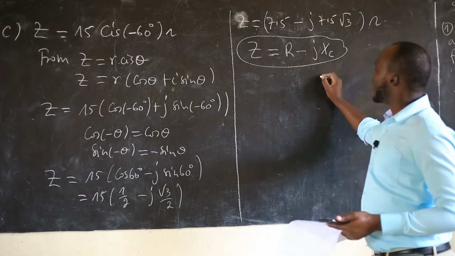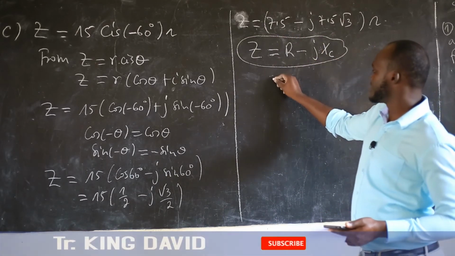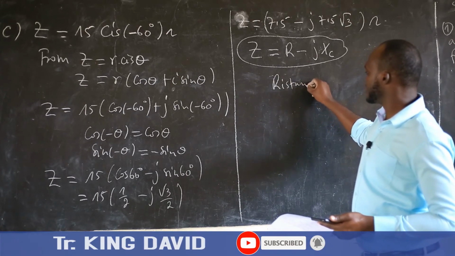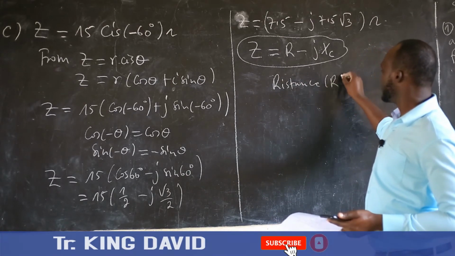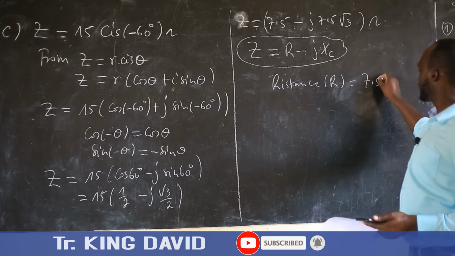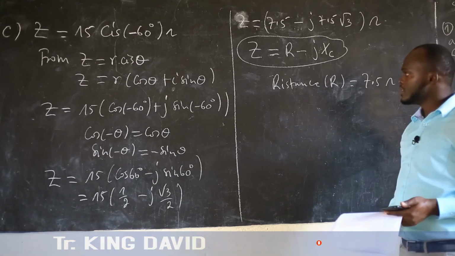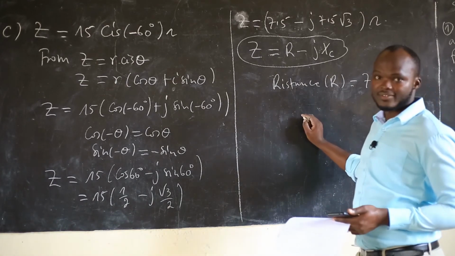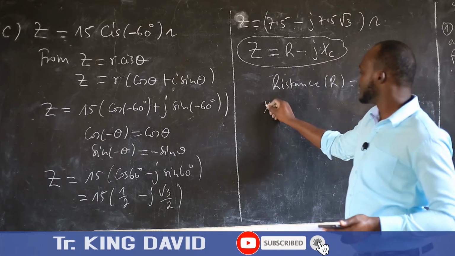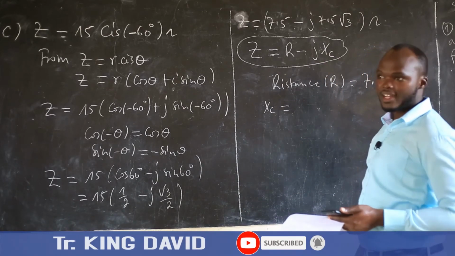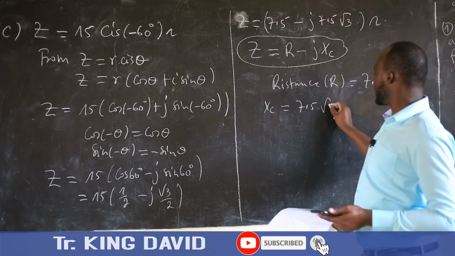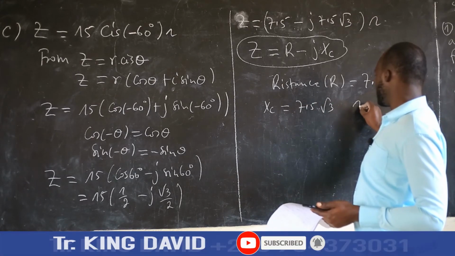So for this, our resistance R equals 7.5 ohm. So what is the capacitive reactance? XC equals 7.5 root 3 ohm.